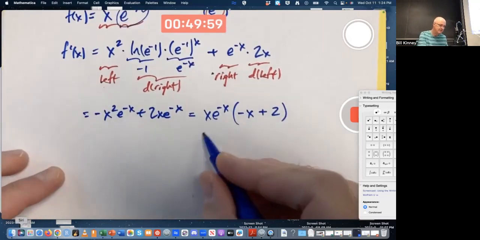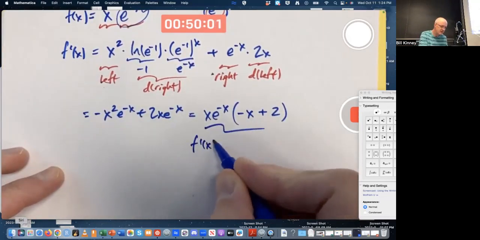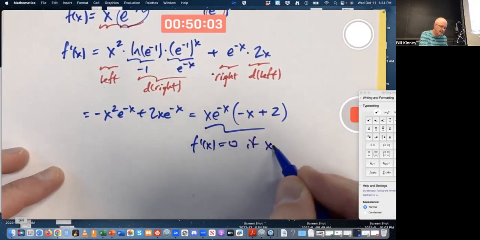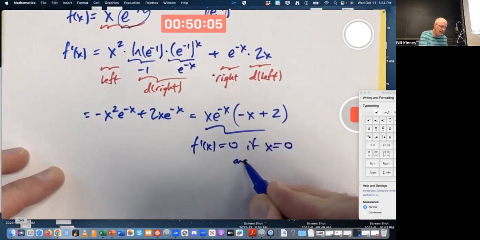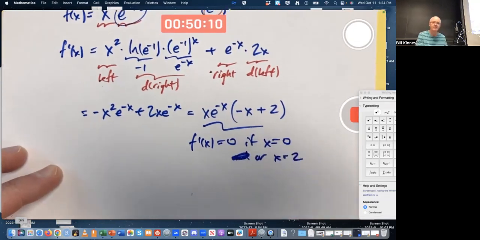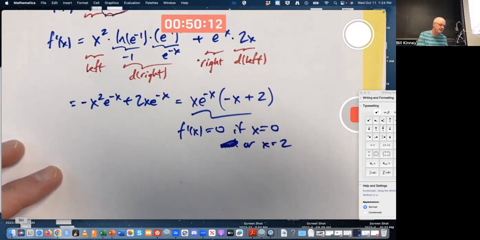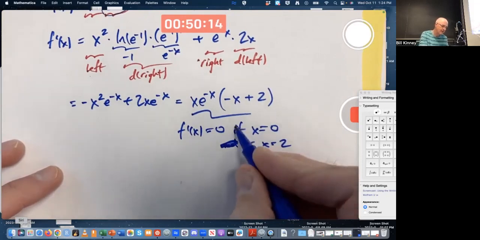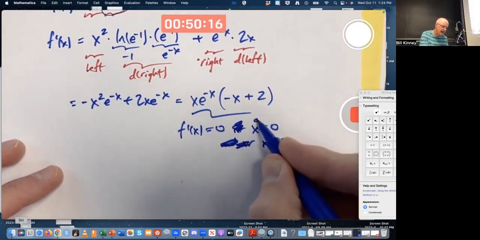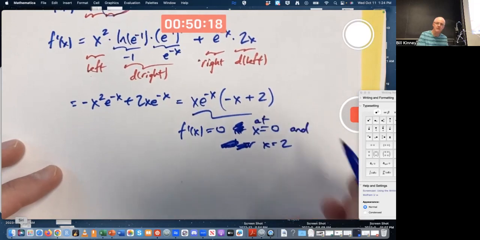In this case, f prime of x equals 0 at x equals 0 and x equals 2. It's actually 0 at both of those spots.